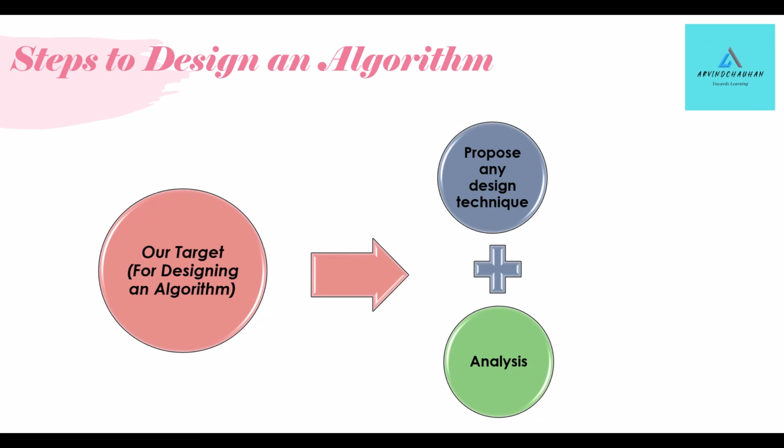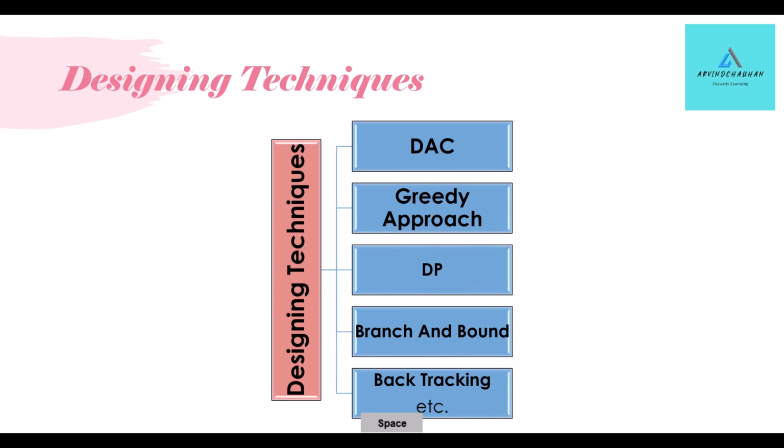As per the designing steps, our target has two focus areas. The first one is the designing approach and the second one is analysis. These are our targets for designing algorithms.